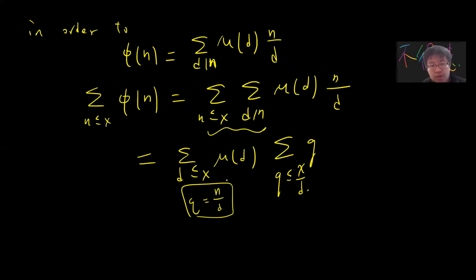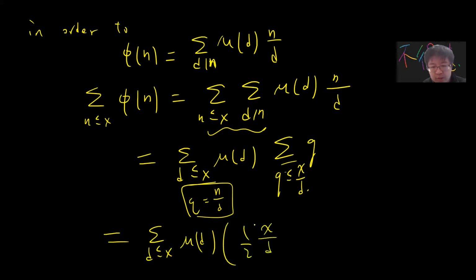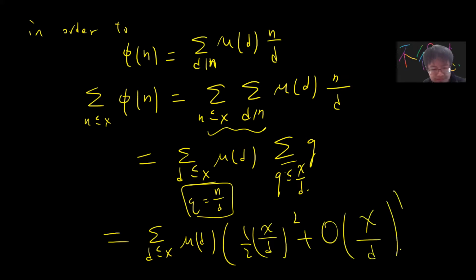So these summations will break up into 2 summations. You get a summation over d less or equal to x of mu of d, and do the sum over q, right? This is just half of x divided by d squared plus the linear term, which is x divided by d. Now you can pull out this x squared and do some computation.